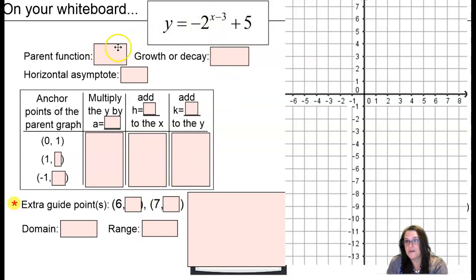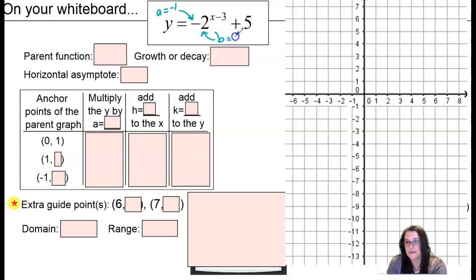So the parent function is not including the negative. Okay, the a in the front here is what that negative value is. So the a is equal to -1. The base is the value directly affected by that exponent, and that would be the b.